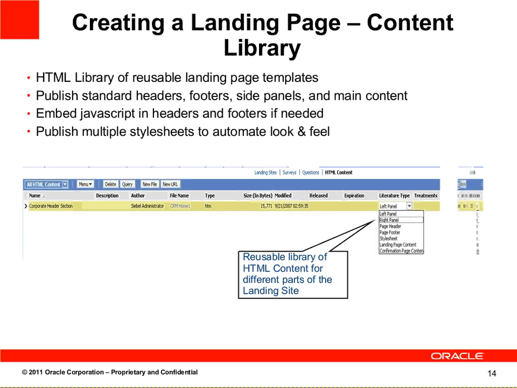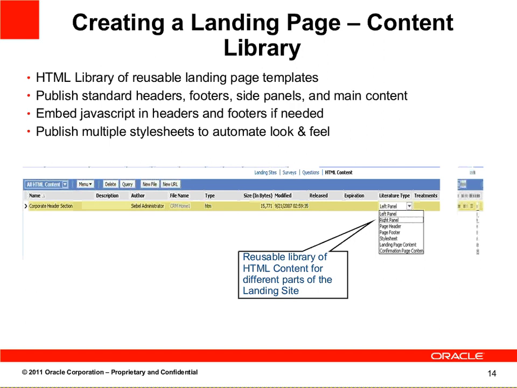Landing pages need a content library. The content library is basically a set of HTML documents that you can reuse. Those HTML documents can have left panels, right panels, page header panels, style sheets, or the landing page content itself.